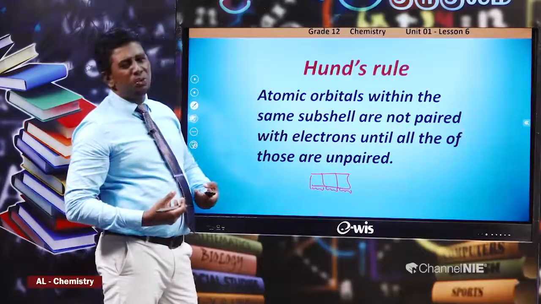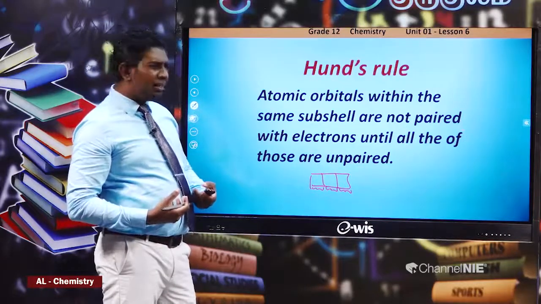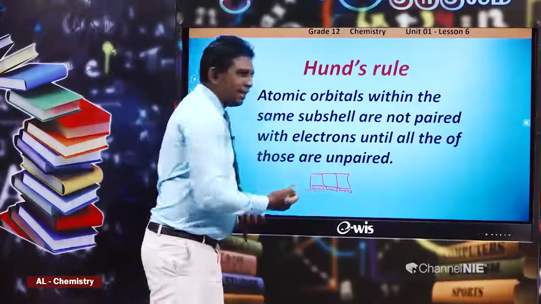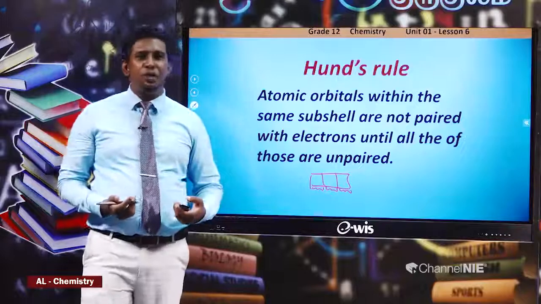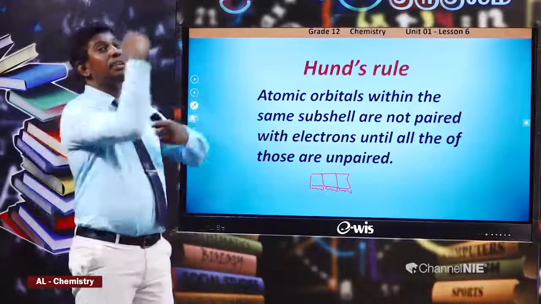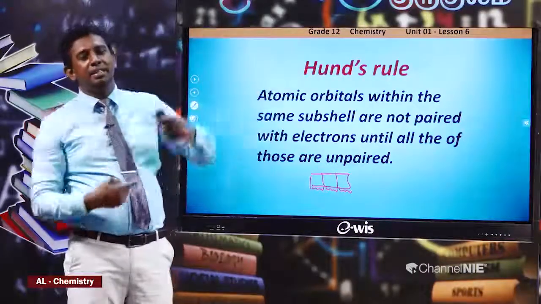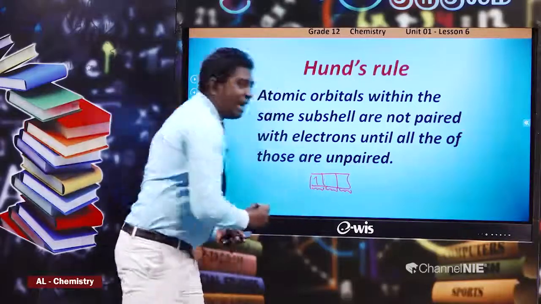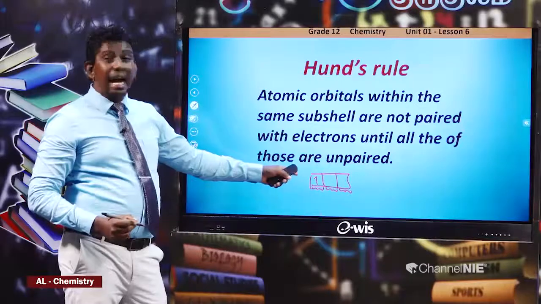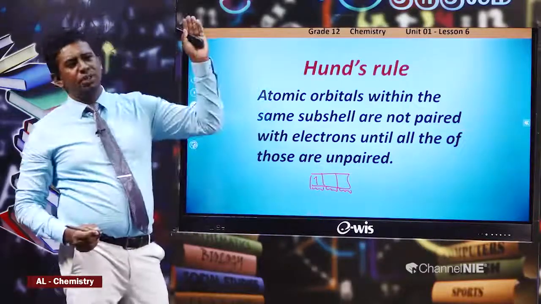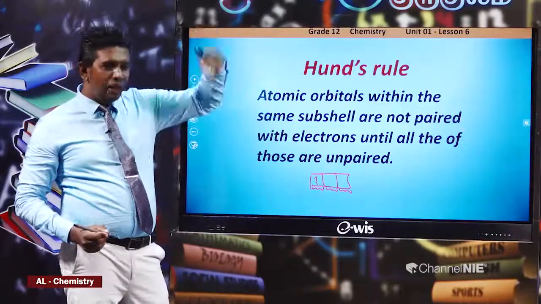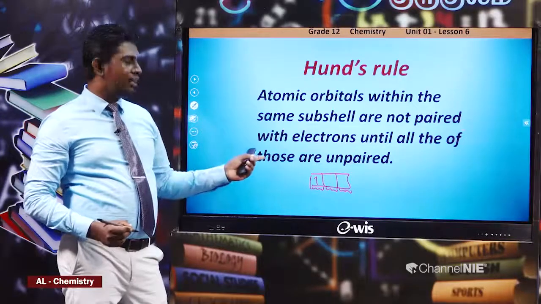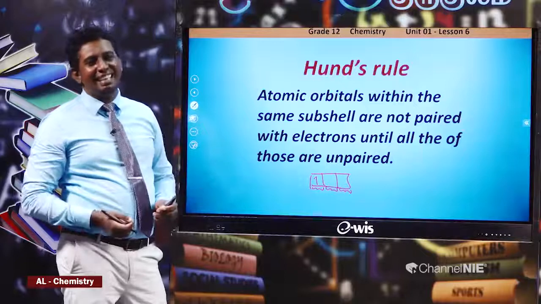Okay, students, when you say you are filling one electron, you give that electron within one atomic orbital, and it would be spinning either in one direction or the other direction. I will arbitrarily give it as a half arrow upward, or otherwise I could give it downward, denoting one electron there.